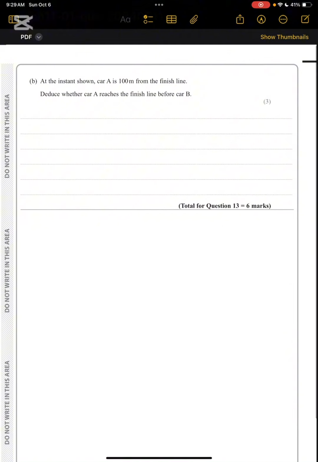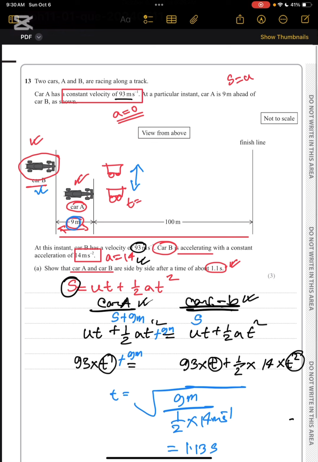In 13b they have said at the instant shown car A is 100 meter from the finishing line. So car A is right here and it is 100 meter away from the finishing line.